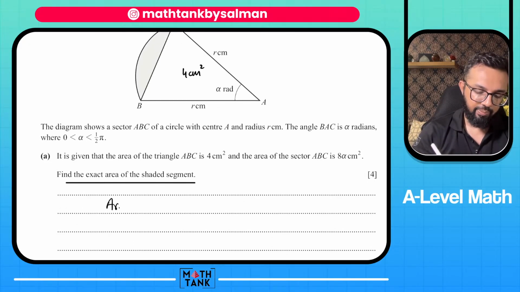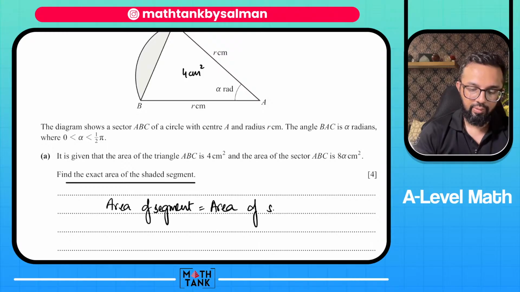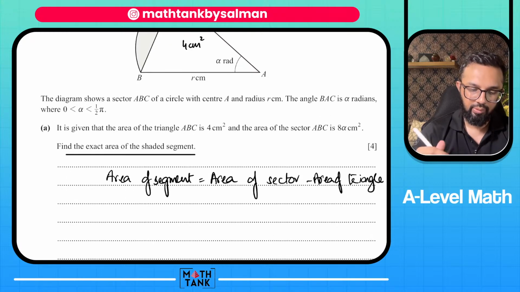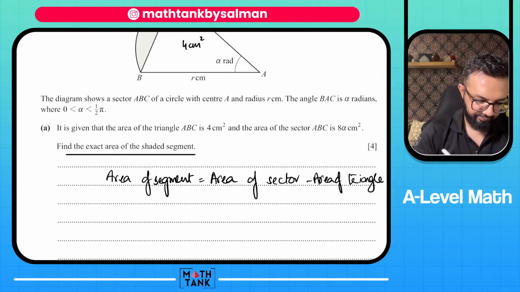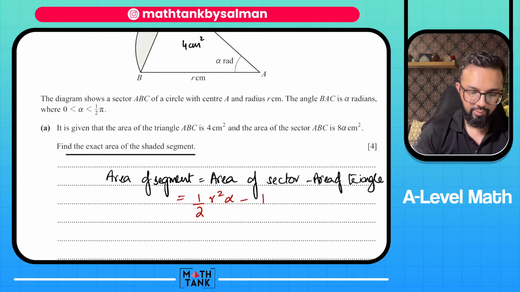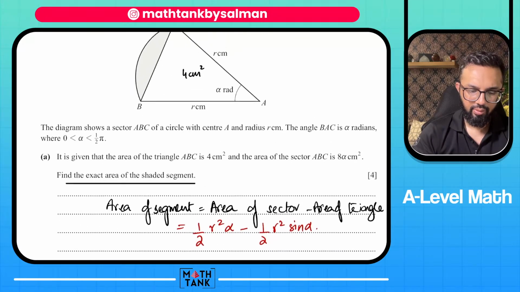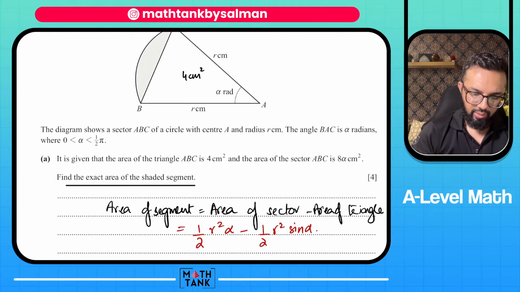So area of segment is area of sector minus area of triangle. Half r square alpha, half of AB sine of C. Okay.